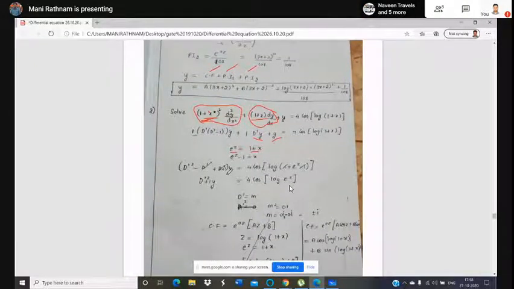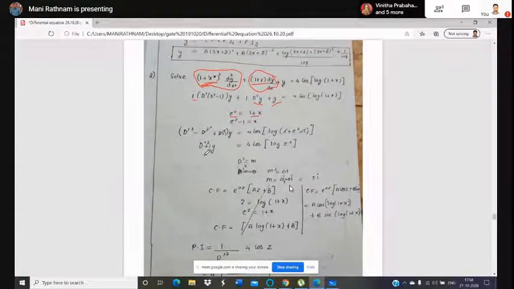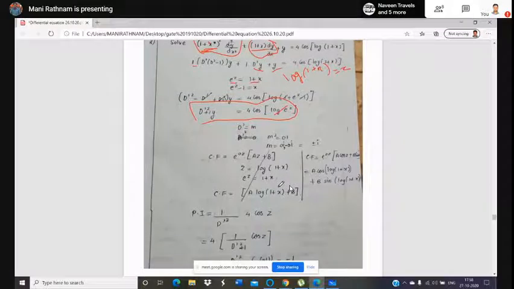And after simplification, you will get D' plus D' square plus 1 of y equal to 4 cos z, because the log base becomes z only, 4 cos z. Or simply take log of 1 plus x equal to z. That is, you have to substitute here.